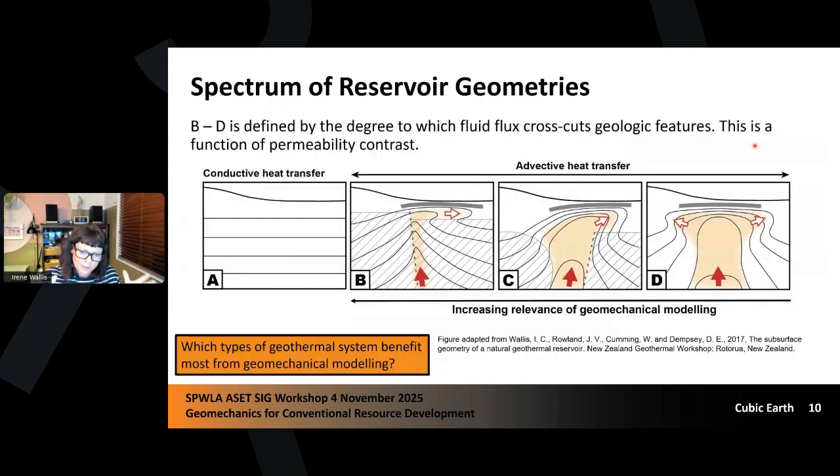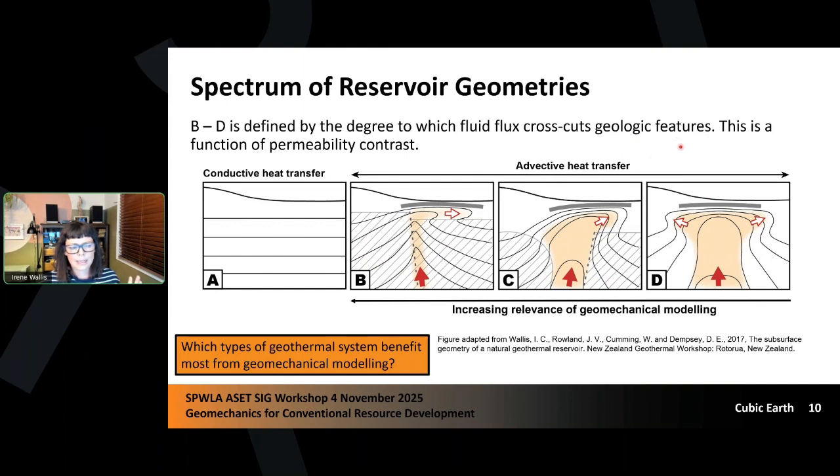So we can talk about this thermal anomaly, this reservoir, on a spectrum, from a very distributed system on the far right-hand side here to something that's much more focused around geologic features like faults or some sort of horizontal layer with high permeability. And essentially it's the degree to which the fluid flux will cross-cut the geologic features.